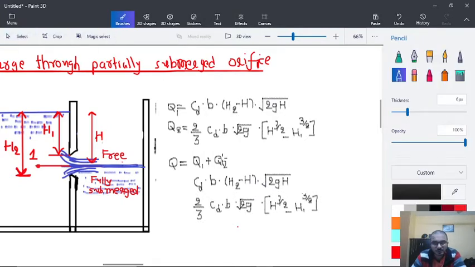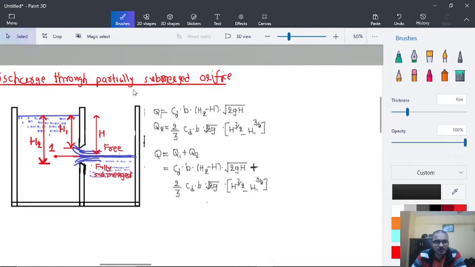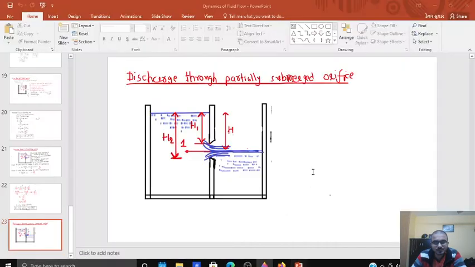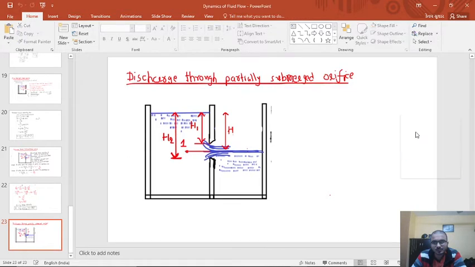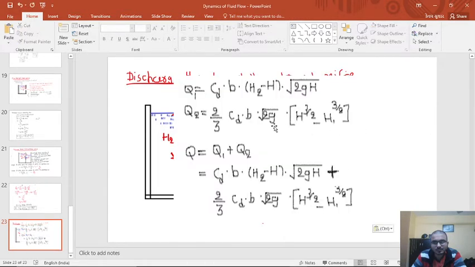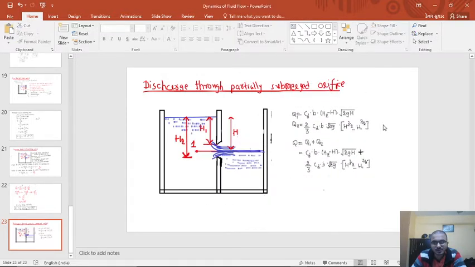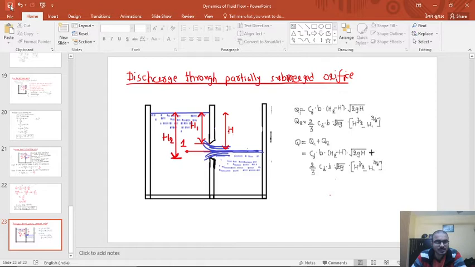So we can complete this theory as the first discharge plus the second discharge in this way. So this is the end of this theory. Let's copy this work over here. So we are done with this theory. Now let's move forward with our next topic.